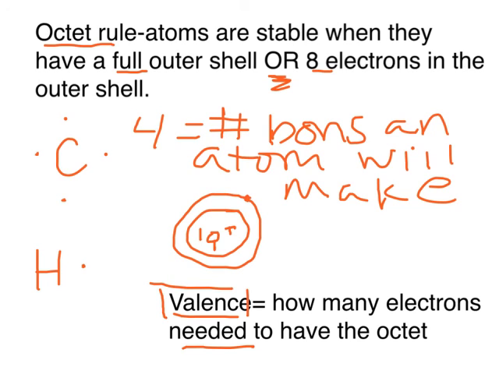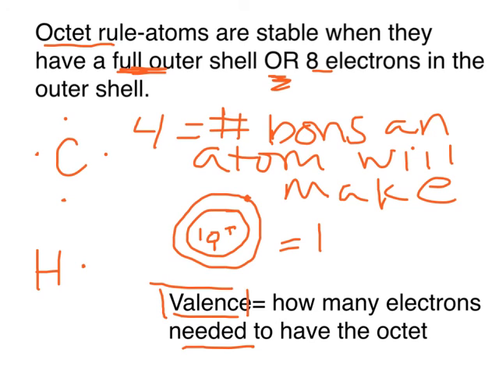There's hydrogen, right? That's what hydrogen looks like. It doesn't have a second shell, so we have to go to the second part of the octet rule, which is full, right? In order to fill hydrogen's 1 shell, you just need 1 more electron, so its valence is 1, okay?